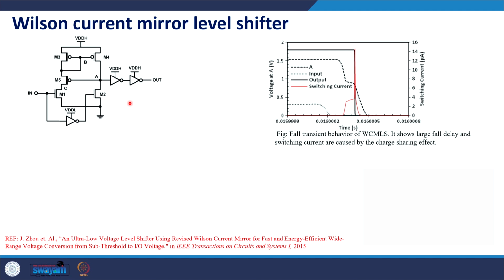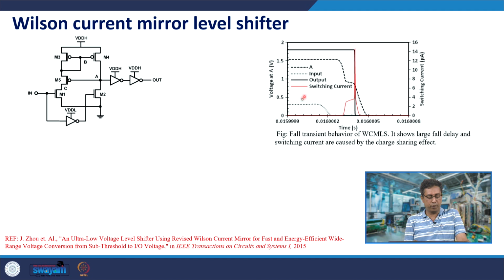How do the transients behave in this current mirror based level shifter when the input turns off? Suppose input A is turning from VDDL to 0, what would happen? The input is turning from VDDL to 0, so the complementary input is turning on from 0 to VDDL. Initially node A was at the voltage VA which we were discussing. M4 is off because VB was VDD minus VTHP initially.